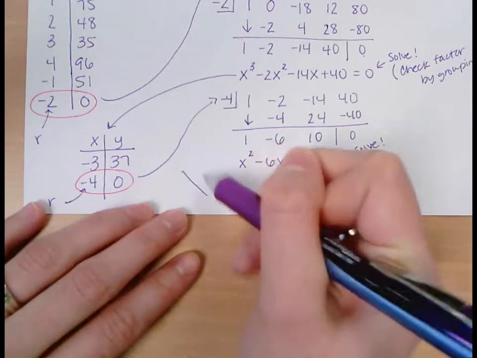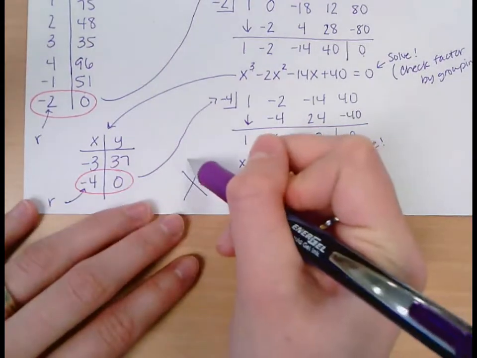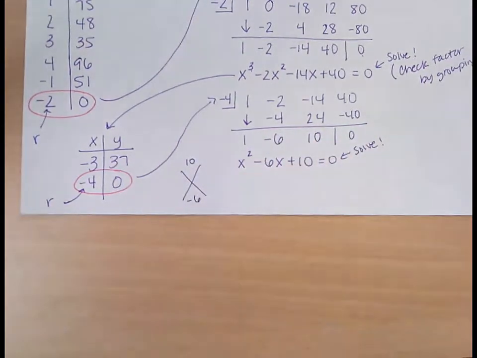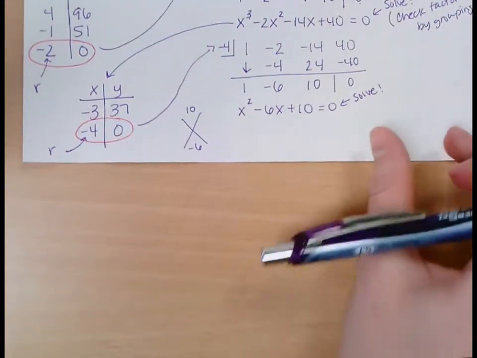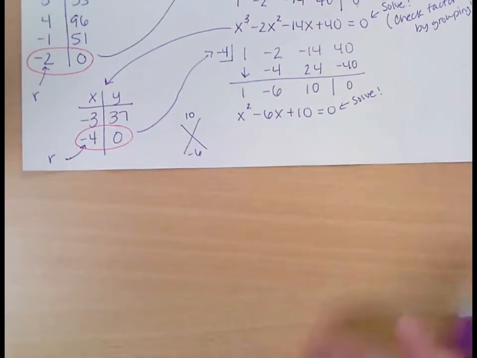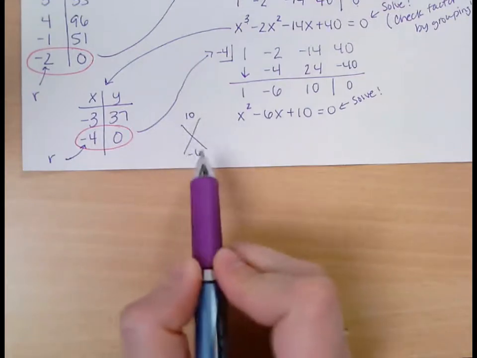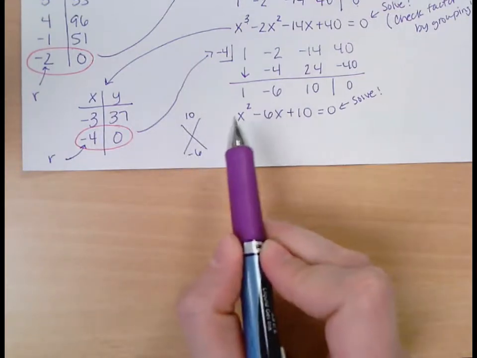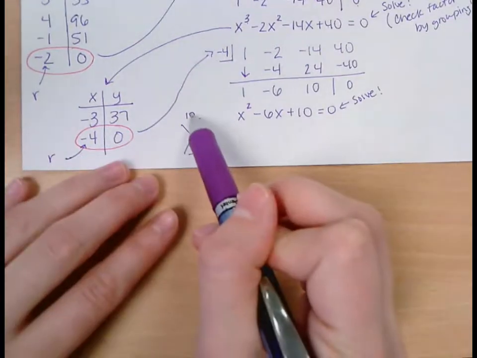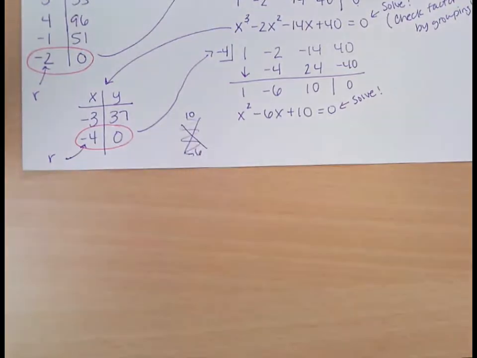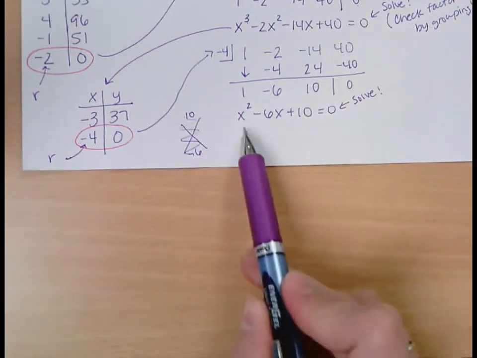So if I set up a diamond, I'd be multiplying to 10 and adding to -6. Are there two numbers that work? I hear some no's. Okay, so if it doesn't factor, again, if it does, sometimes it will. I picked this example on purpose. It doesn't factor. That doesn't mean you can't solve it. You just have to use a different method. How else could you solve this?